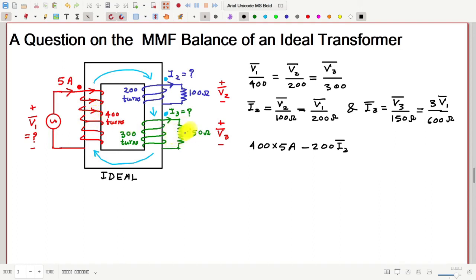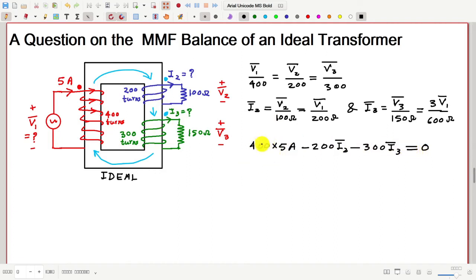Similarly, for the third coil, the MMF is 300 I3, and this is again in the anti-clockwise direction, because current I3 is assumed to be going out from the dotted end. So this MMF is in the anti-clockwise direction, so we put a minus here. This is the total MMF, which should be equal to 0.